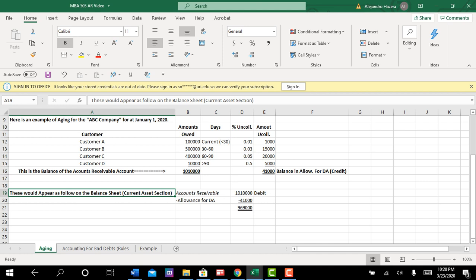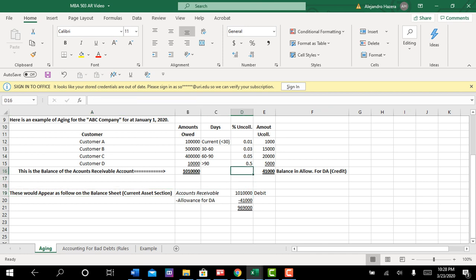By that they mean your total accounts receivable less your allowance for doubtful accounts. Okay, so this is what this would look like in the current asset section of your balance sheet. Your accounts receivable would equal this amount right there. That number there is equal to that number there. So I'll just point out right there, the total amount of your accounts receivable are the total amounts owed by your 4 customers here.